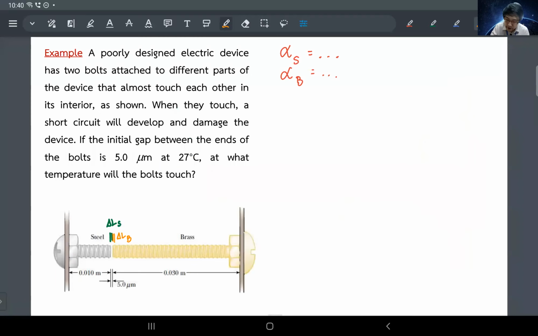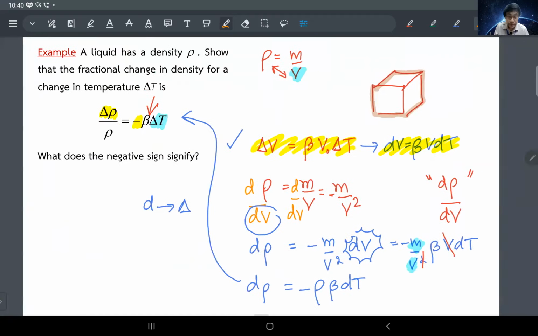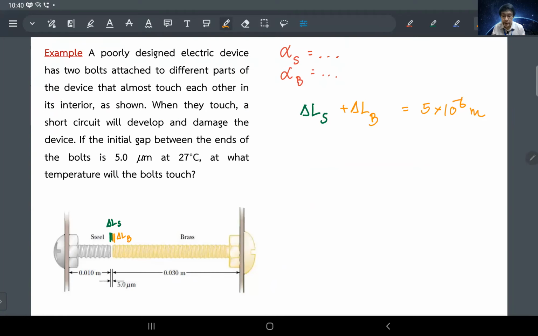So the key equation that we need is just delta L of the steel plus delta L of the brass eventually closes the gap, 5 micron, and I turn micron into 10 to the negative 6 meter. Done. That is the main equation that we need to solve.